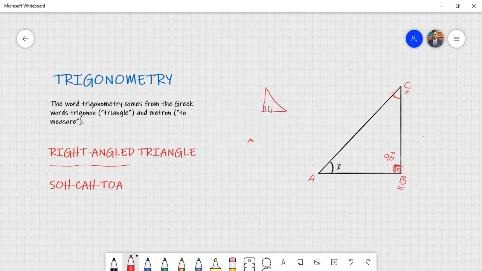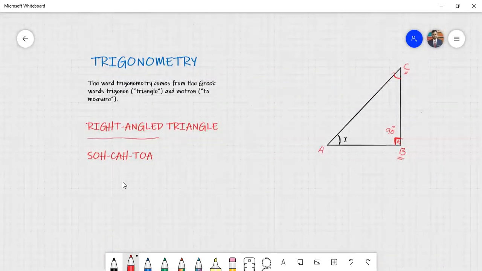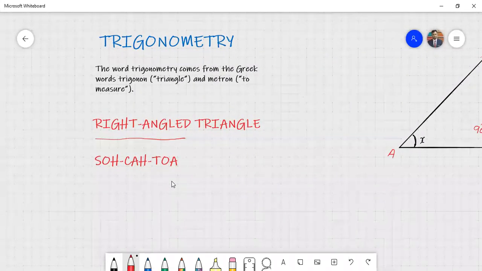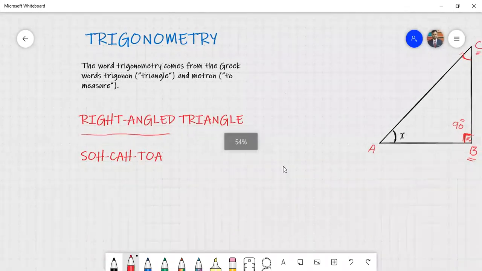Okay, second thing: what are the ratios? This is written as SOHCAHTOA. These are the ratios of the triangle.